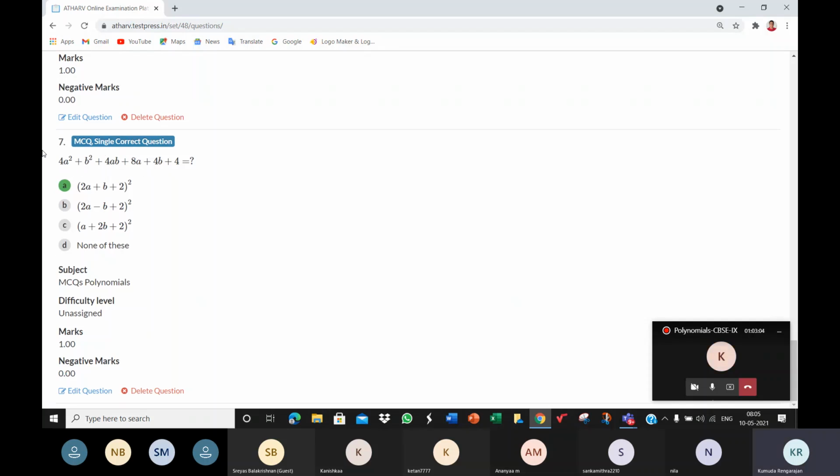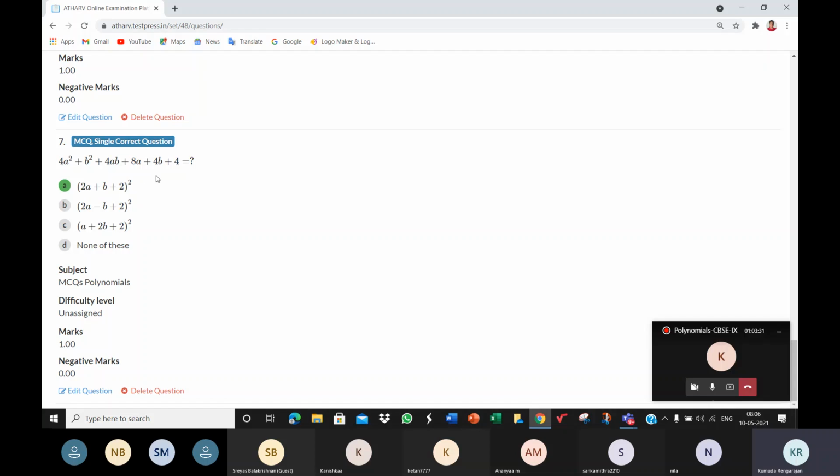And this one, how many terms? How many terms here, children? 6 terms. How many perfect squares? 3 perfect squares. So this is of the form x squared, y squared, and z squared.